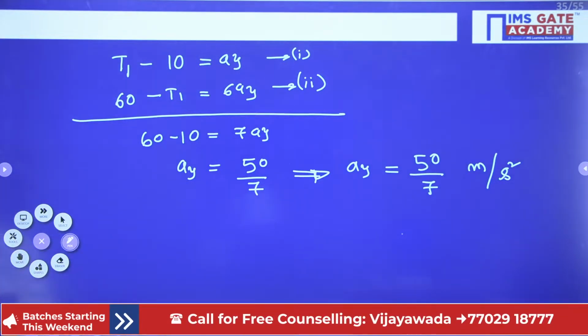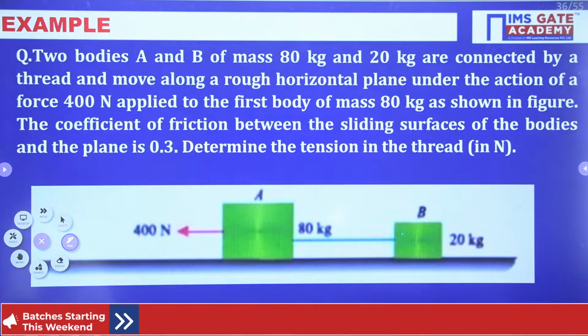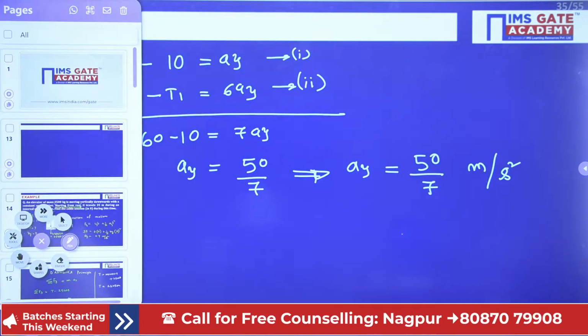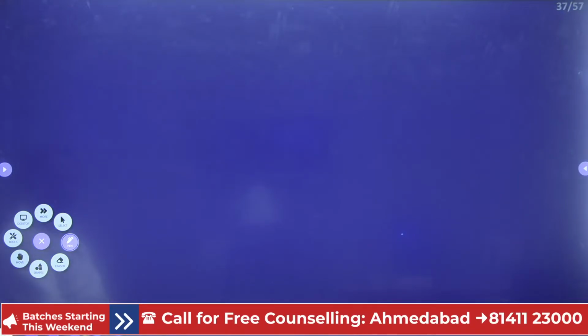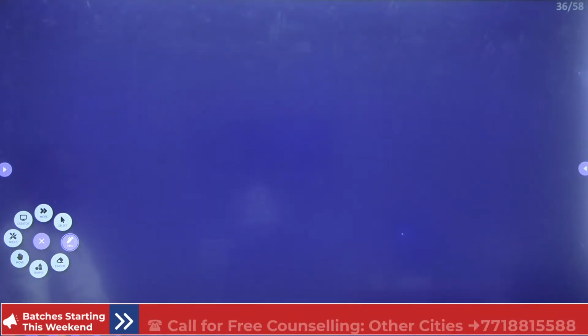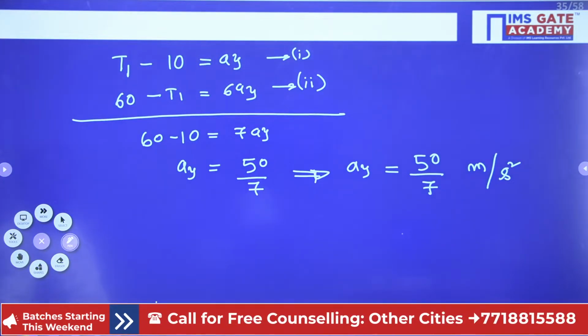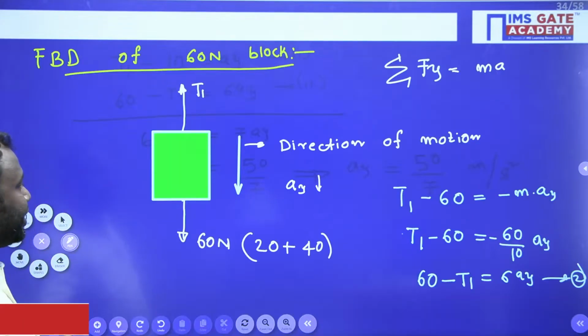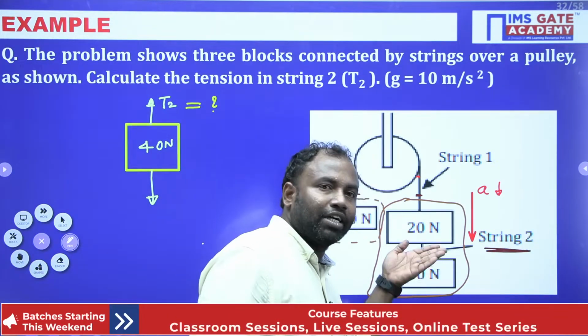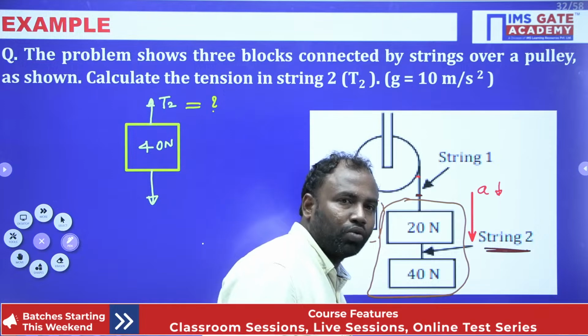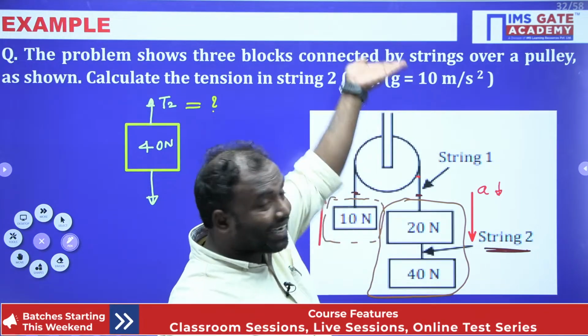Right? Now let us move on, oh my god, slides are over. Now consider the free body diagram of only the 40 Newton block. 40 Newton acting downward, and your tension T2 acting upward.